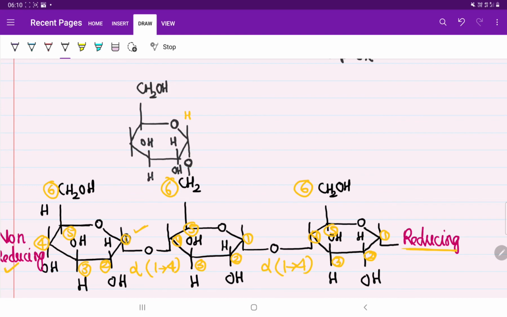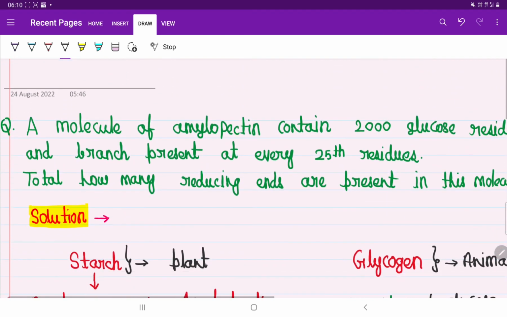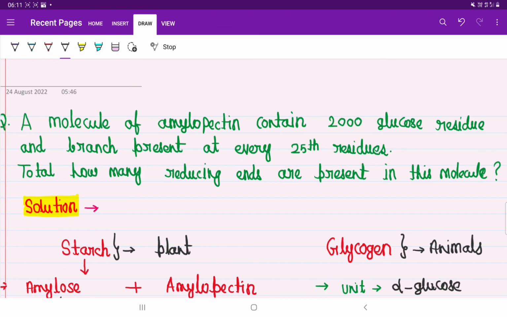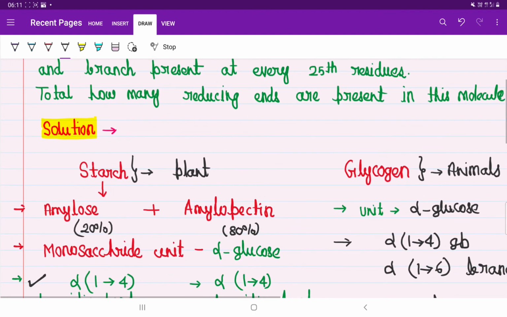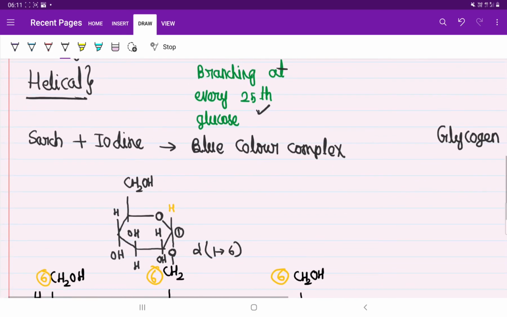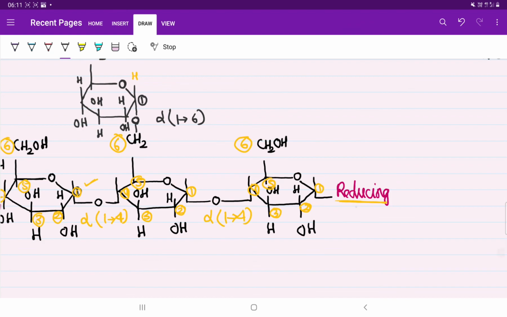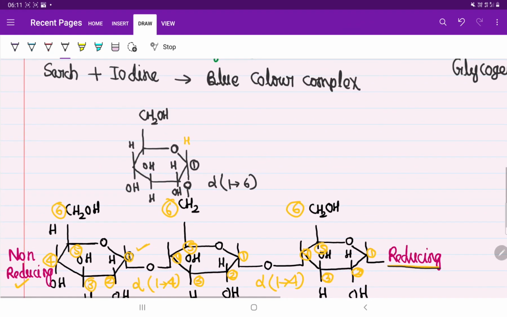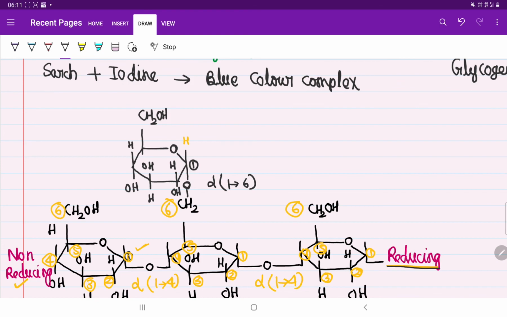So you see, students, at the branching the first carbon is engaged in formation of an alpha 1,6 glycosidic bond, so there is no question of a reducing end here. So either you take 2,000 glucose, or 5,000 glucose, or 30,000 glucose, connected by alpha 1,4 glycosidic bonds and alpha 1,6 branching, they have only one reducing end. At branching, no reducing end. Remaining we'll see in the next video. Bye.